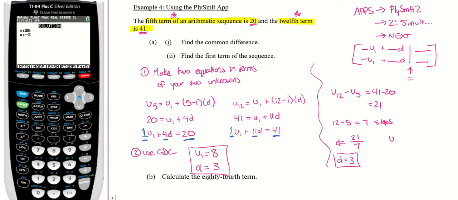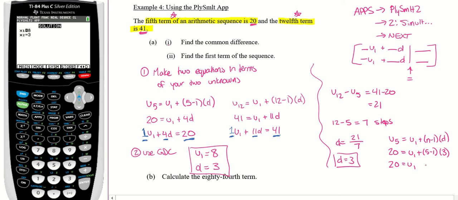Once we've done that, we can use either piece of information, for example U5, to solve for U1, because we know that U5 is 20. We don't know U1, but for U5, n equals 5, and we just figured out that our common difference is 3.